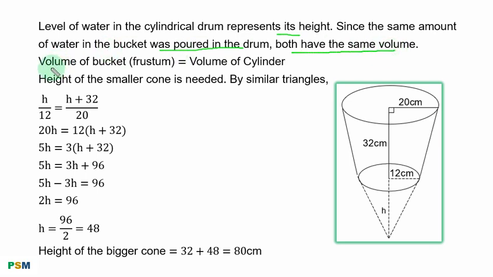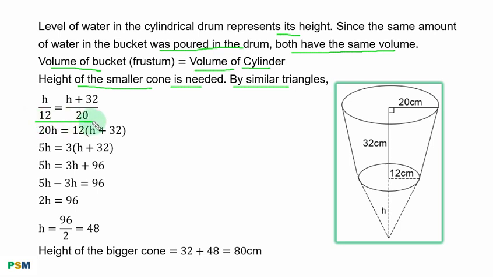Therefore, volume of bucket frustrum is equal to volume of cylinder. Height of the smaller cone is needed by similar triangles. You have the height over 12 equal to height plus 32 over 20 in this form.